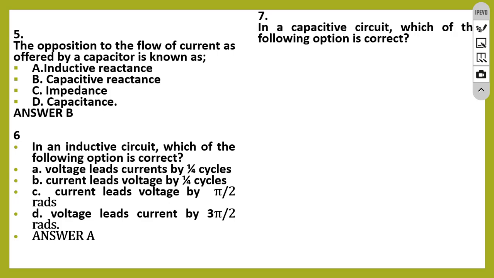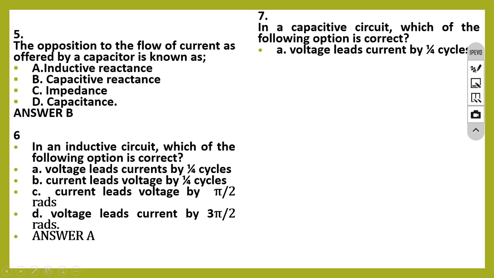In a capacitive circuit, which of the following options is correct? Voltage leads current by 1/4 cycles.